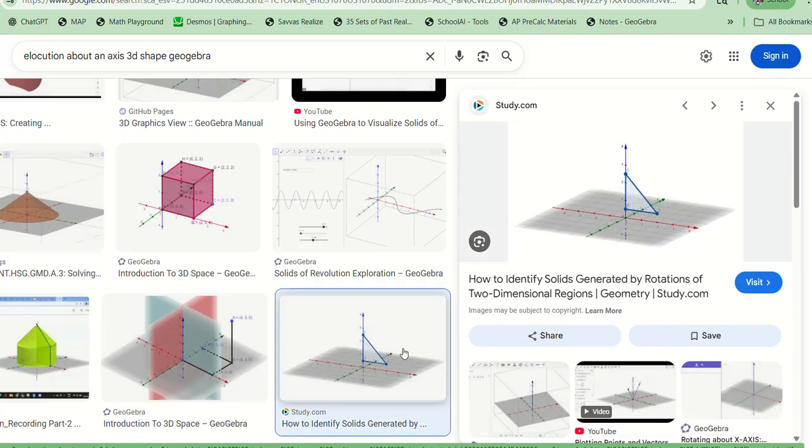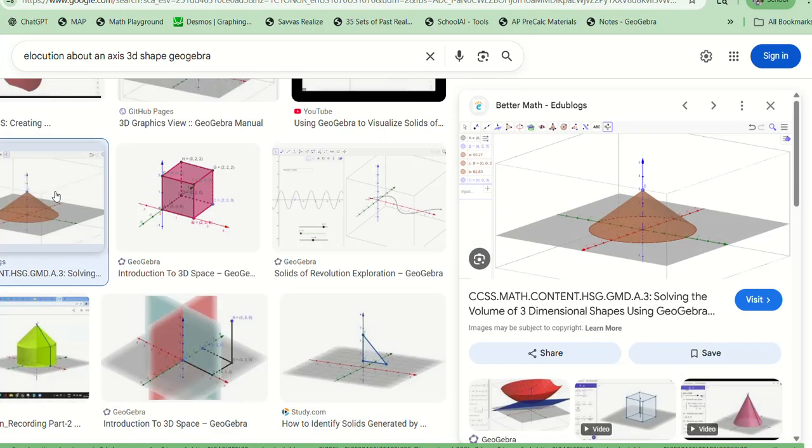So I start with this, spin it behind the paper and coming out the paper, so I'm making a 3D shape now. And it's going to become a cone, like so.